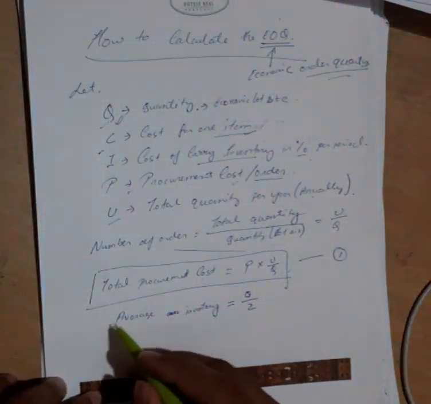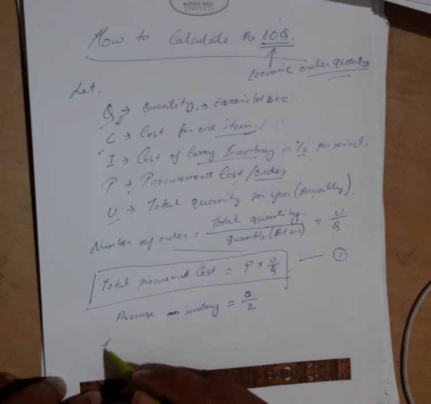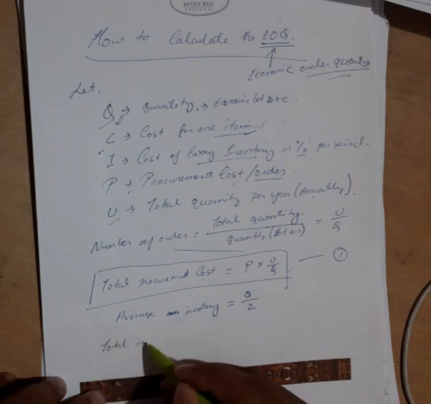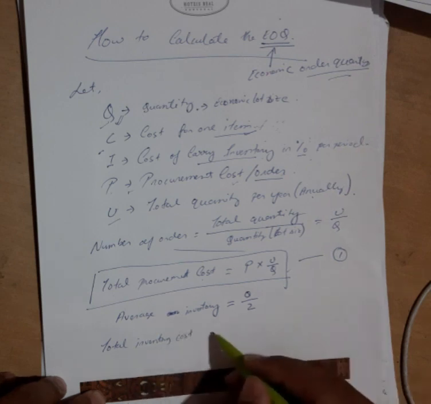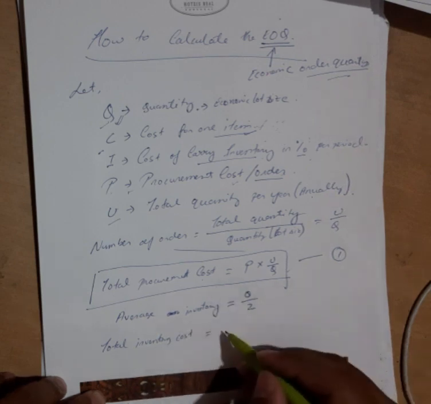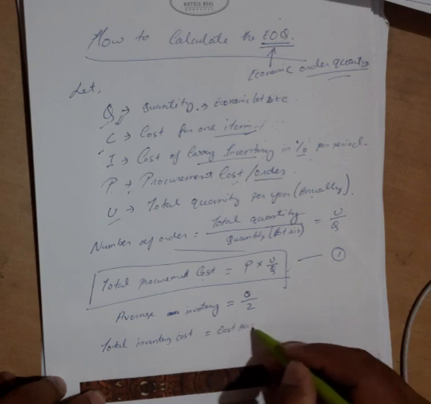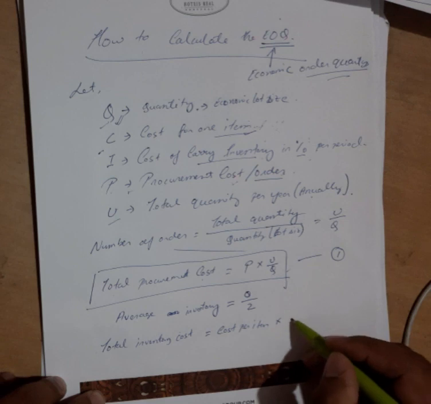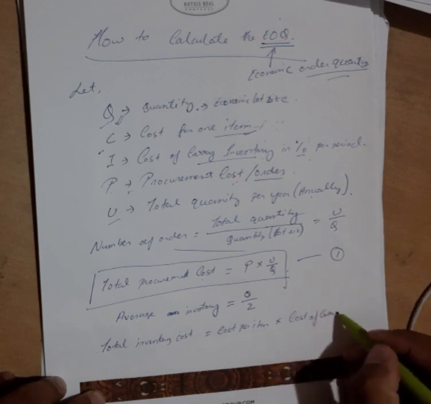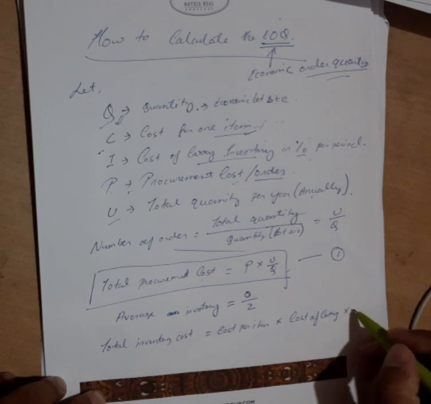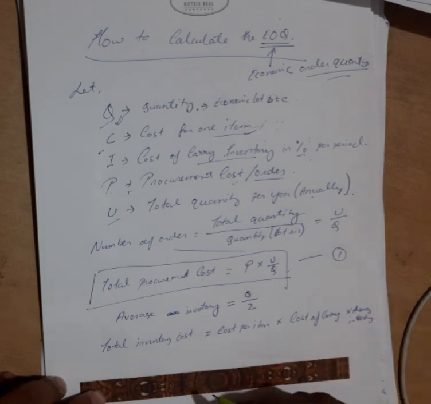Then what will be the total inventory cost? Total inventory cost will be equal to what I have said, cost per item multiplied by cost of carrying into average inventory.